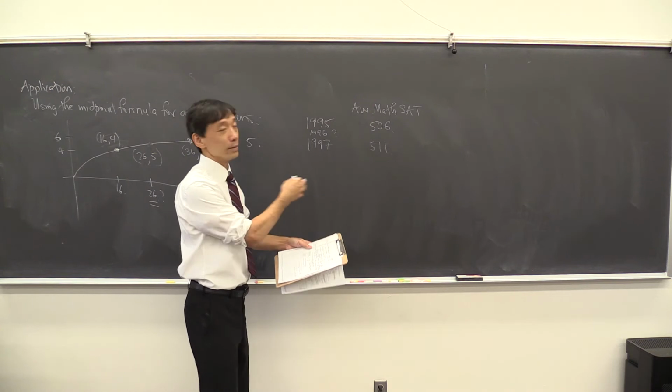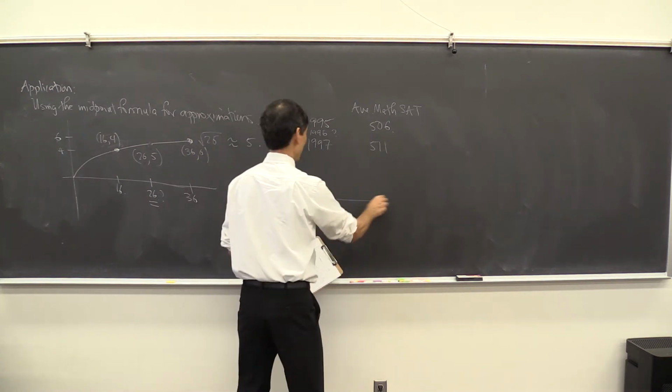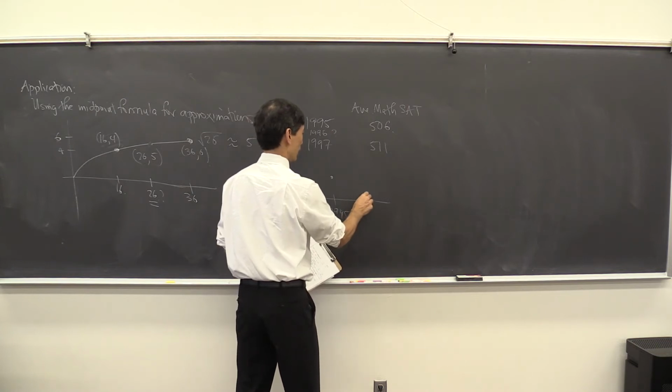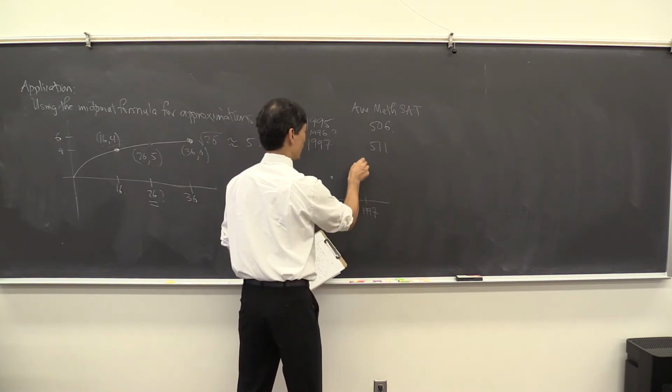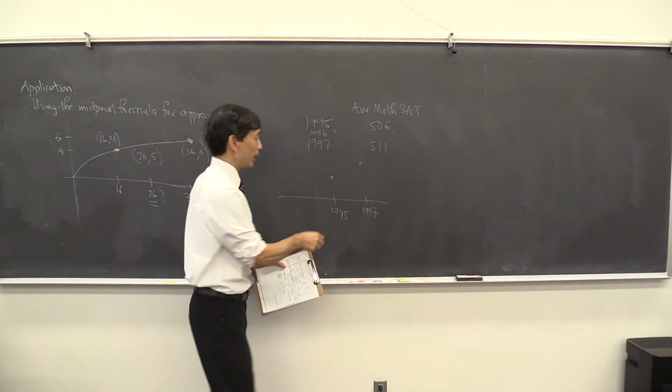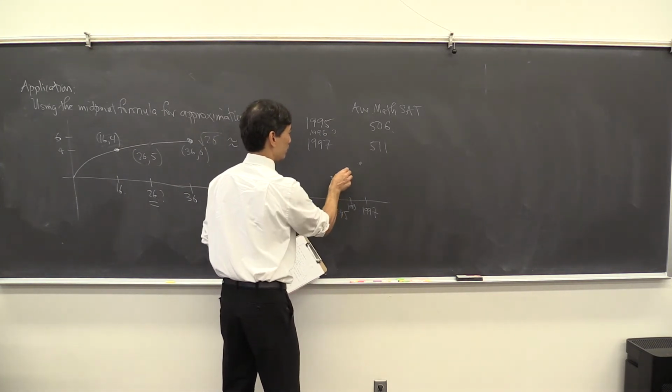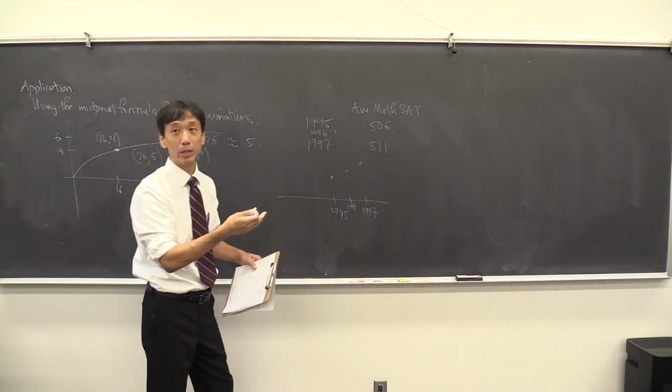So again, this is a midpoint kind of problem, right? In 1995, you got one score. In 1997, you've got some other score, right? And you want to find the value in the middle. So you take the midpoint of those things.